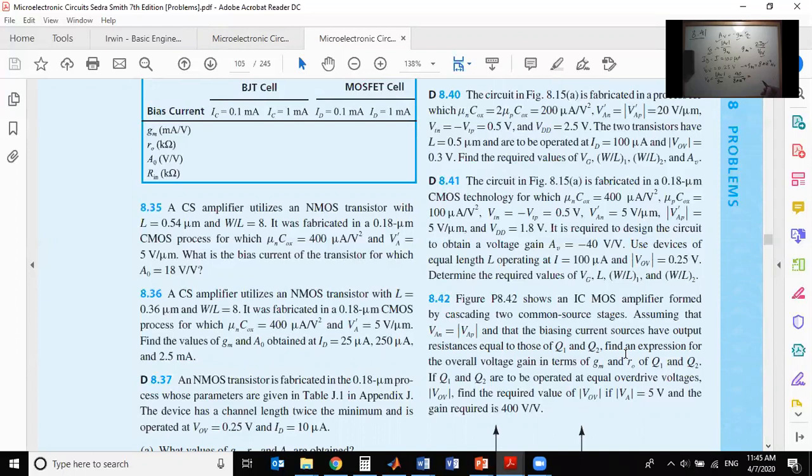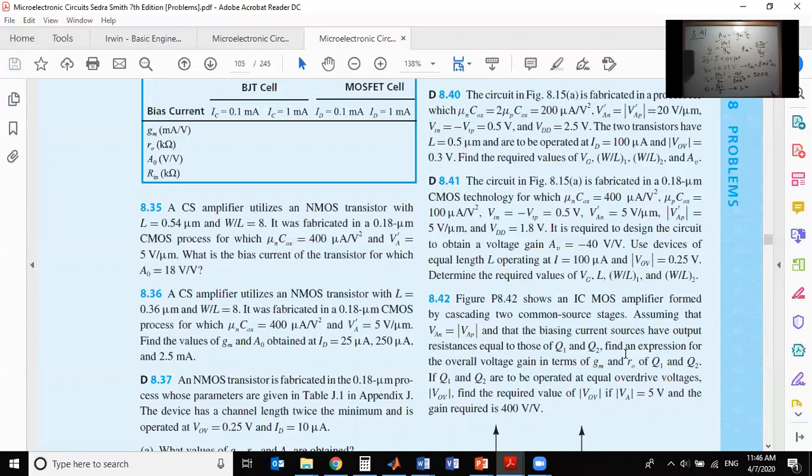Can you calculate this one? It's 550K, right? Now, what's the link between RO and L? RO is V early prime times L over I. We know the V early prime, we know RO, we know I, so from this we can find L.